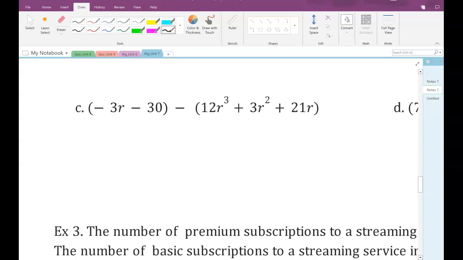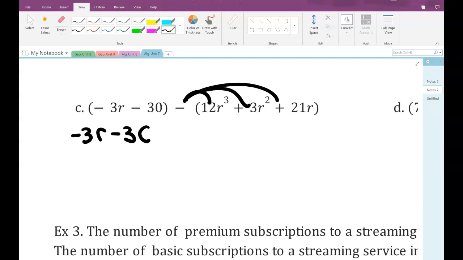All right, example C on the back page, distributing a negative, that means you're changing each term's sign in the second polynomial. So you have minus 12r cubed, minus 3r squared, minus 21r. So my highest degree term is my negative 12r to the third.